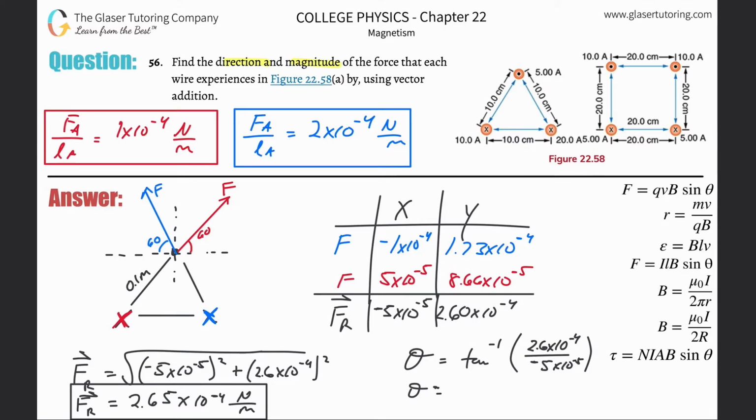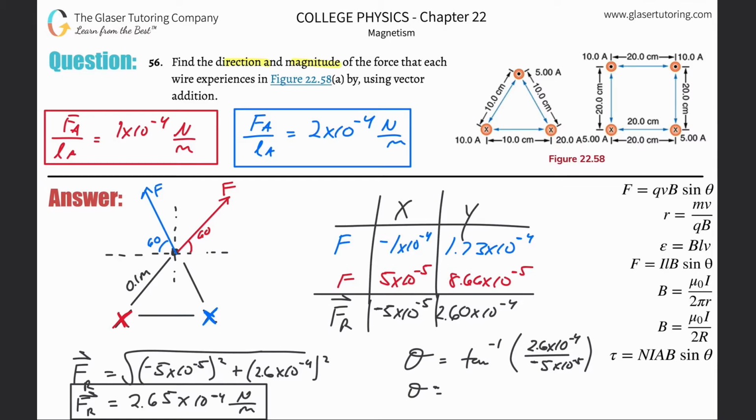You already know, based on these components, what quadrant the resultant vector should be. A negative x and a positive y only shows up in this quadrant number 2. So, you know where it is. Inverse tan then of that exact value, 2.6 from before, divided then by, make sure you calculate it in degree mode, 5 times 10 to the minus fifth.